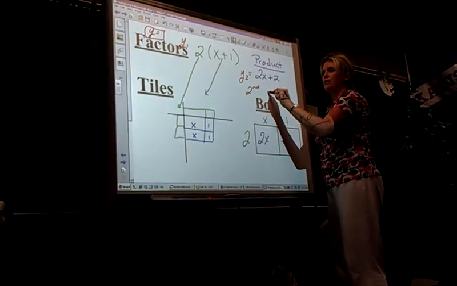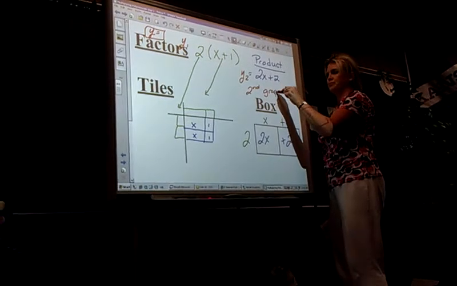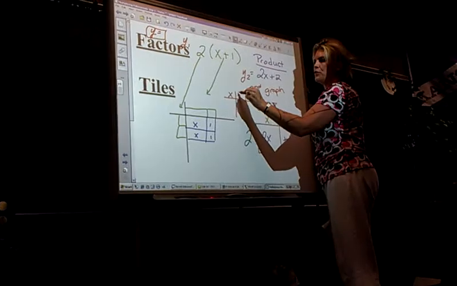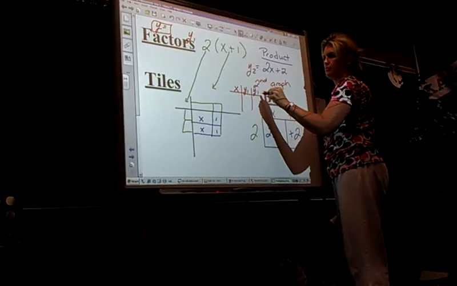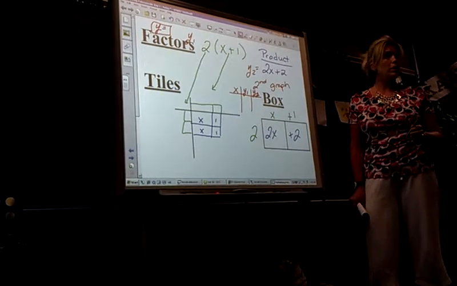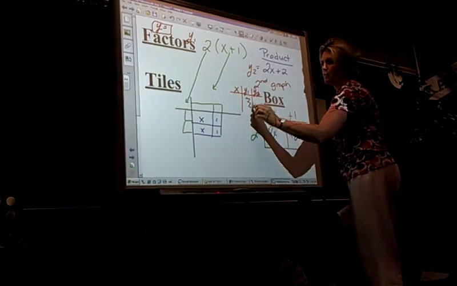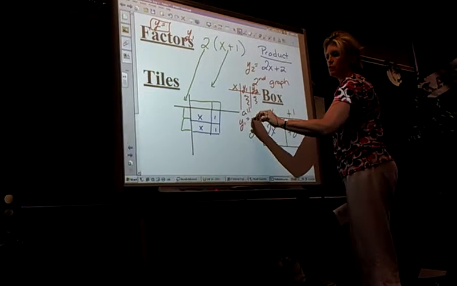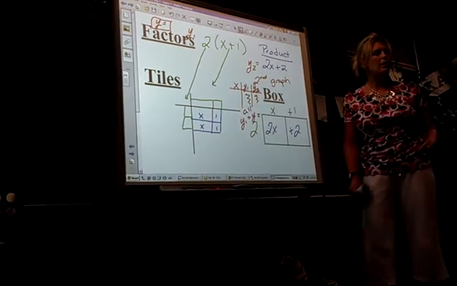Press second graph, and when you go and look in the table, how do you know if you're right? Y1 and Y2 will be the same. All of these numbers right here, all Y1 equals Y2. Okay, it's the same way we've been checking.